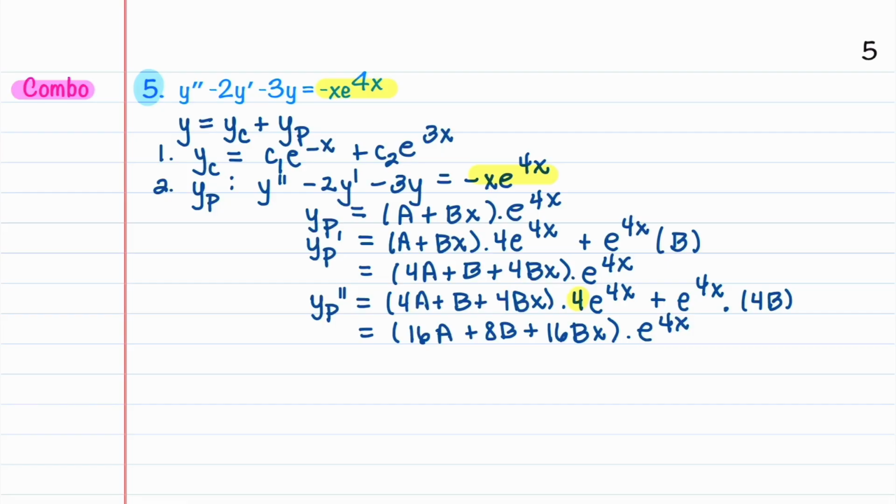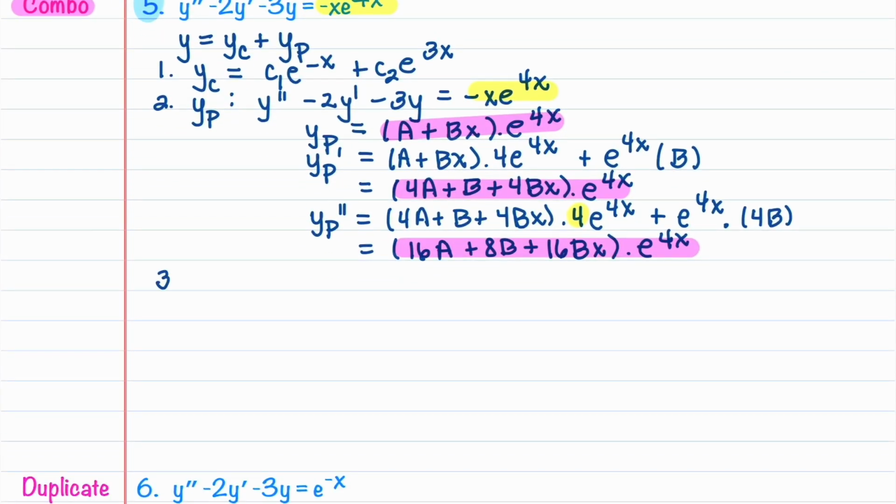Let's highlight our y sub p, our yp prime, and our yp double prime, just so we can find them easier. Let's go ahead and substitute this into our non-homogeneous equation.